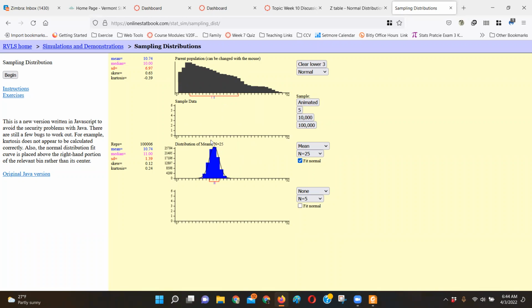And how do we apply this to hypothesis testing, significance testing? Well, we set a level of confidence or a level of significance.